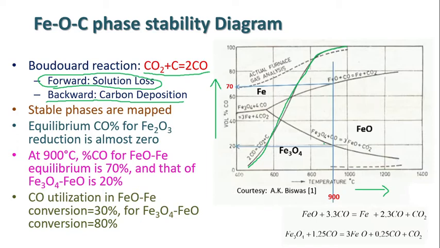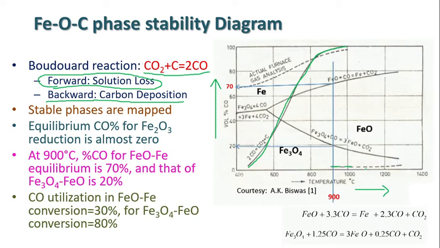Some diagrams may have this line as a dotted line. Here it is given as a dotted line at the bottom of the plot. As we know and also calculated in the last class, the presence of a negligible amount of CO can reduce Fe2O3 to Fe3O4.